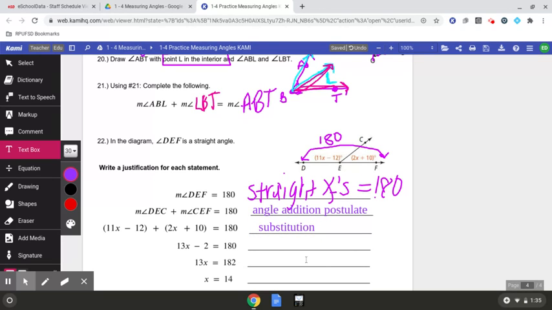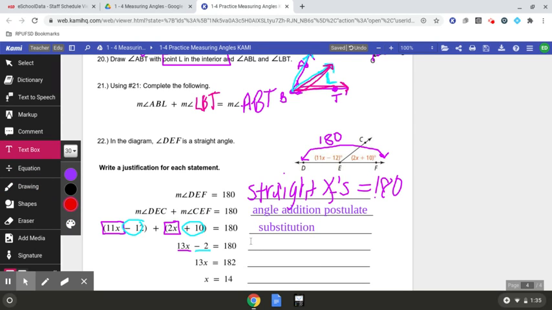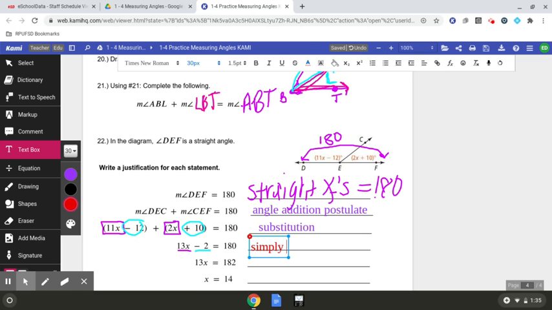Okay, and then they went ahead and they solved. So to get from this step to this step, they combined like terms. So they did 11x plus 2x to get 13x, and then they did negative 12 plus 10 to get the negative 2, right? So that's how we're getting those two terms, and that is basically simplifying or combining like terms more specifically.